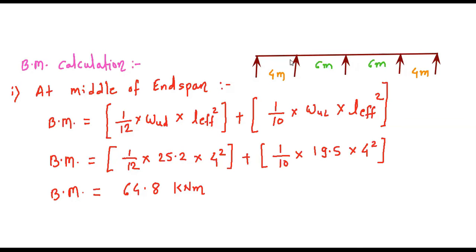Right now we are calculating the bending moment at the middle of the end span. This is your end span, this is also your end span. So what is your end span? Your end span is 4 meter. That is why you should take 4 meter here. I hope this is clear with you.